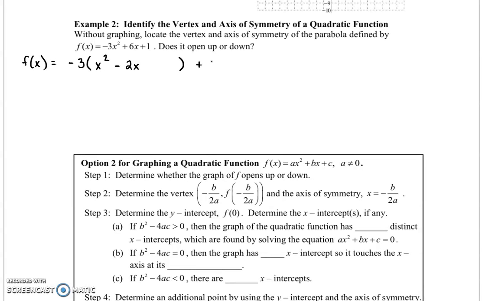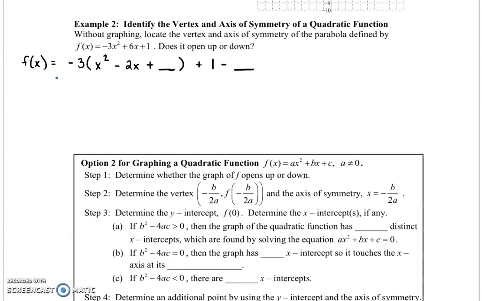Because remember that plus 1 we don't include in the parentheses. Then we're going to add a number and we're going to subtract a number. In the previous problem, that number is the same. This time it will not be, and I will explain why in just a minute.